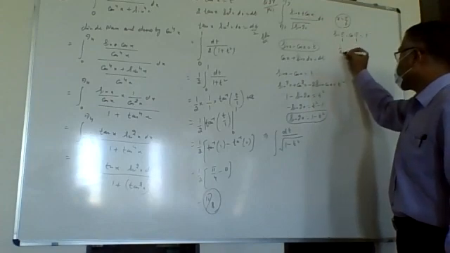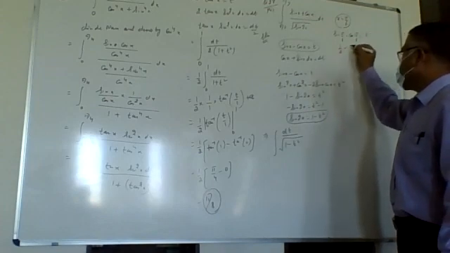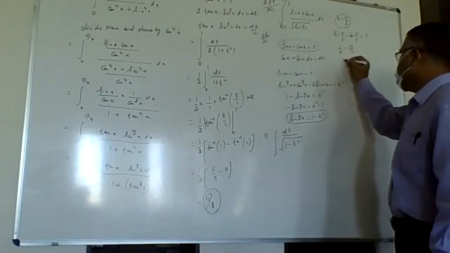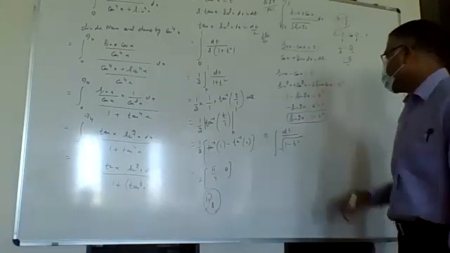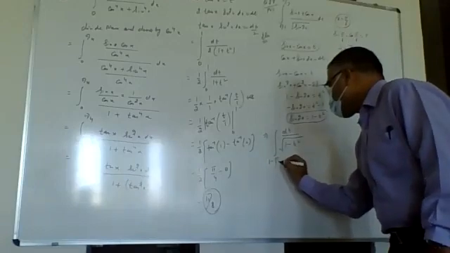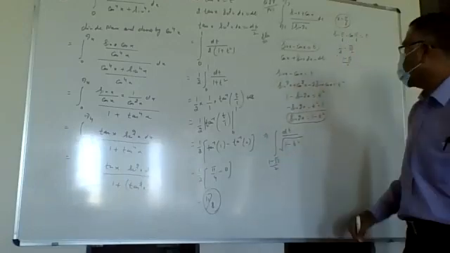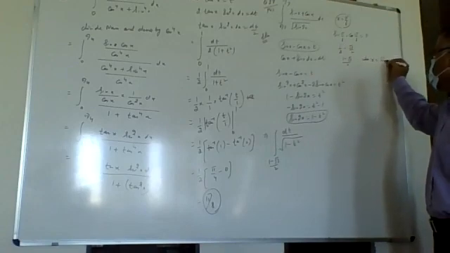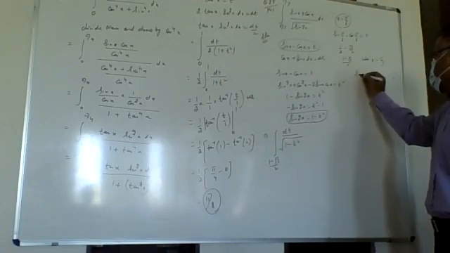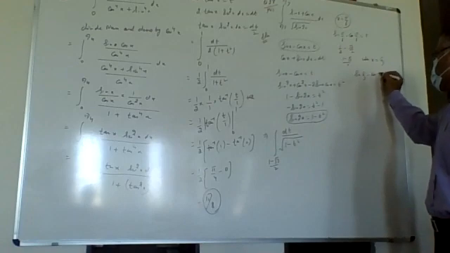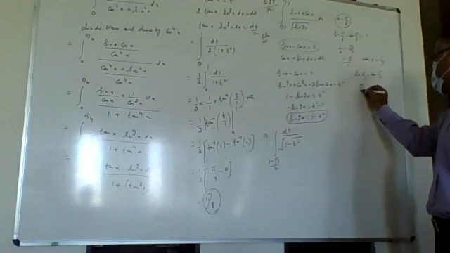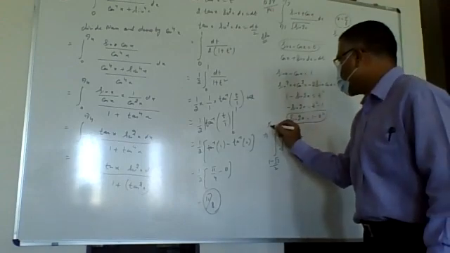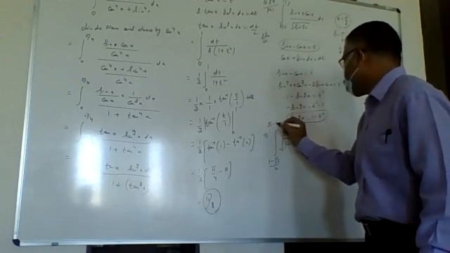So sin pi by 6 is 1 by 2, cos pi by 6 is under root 3 by 2. This is 1 minus under root 3 over 2. This is my lower limit. When x is equal to pi by 3, sin pi by 3 minus cos pi by 3 is under root 3 by 2 minus 1 by 2. So upper limit is under root 3 minus 1 upon 2.